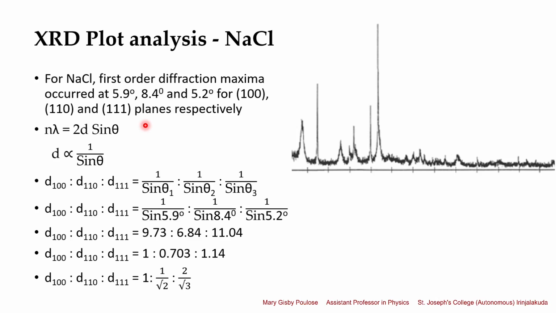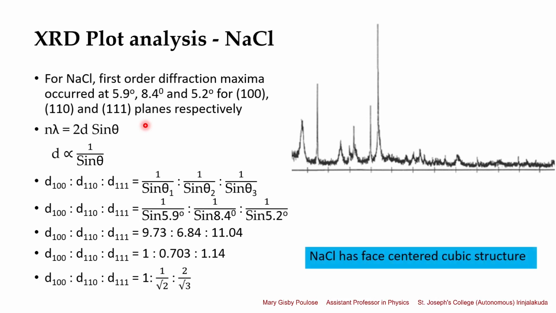Here we see that the d111 value is given as 2 by root 3. Hence, it is not a simple cubic structure. We identify this to be a face-centered cubic structure. So by finding out the relation between these d values, we can come to a picture of the structure of this crystal.